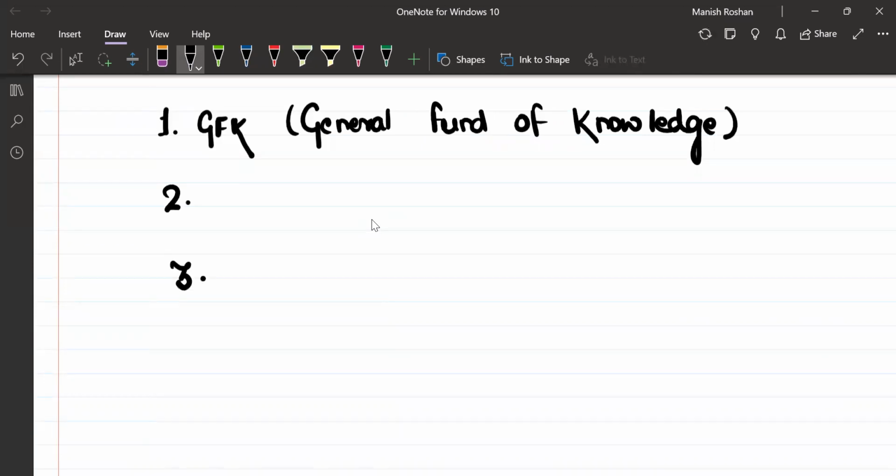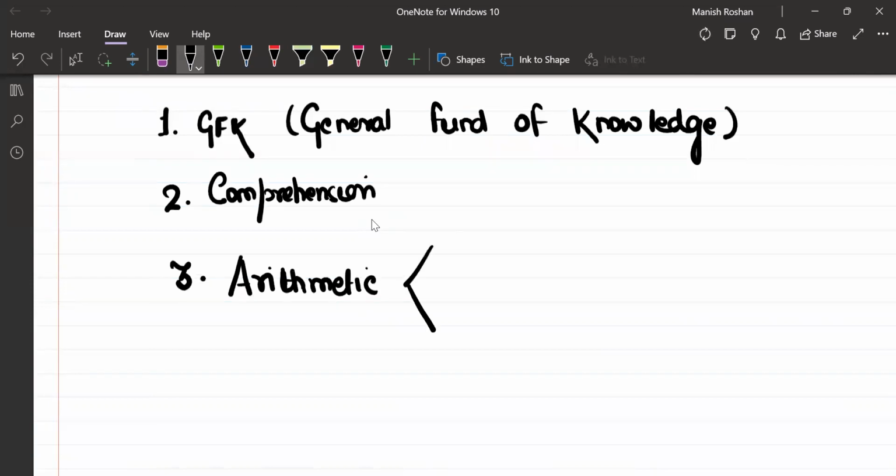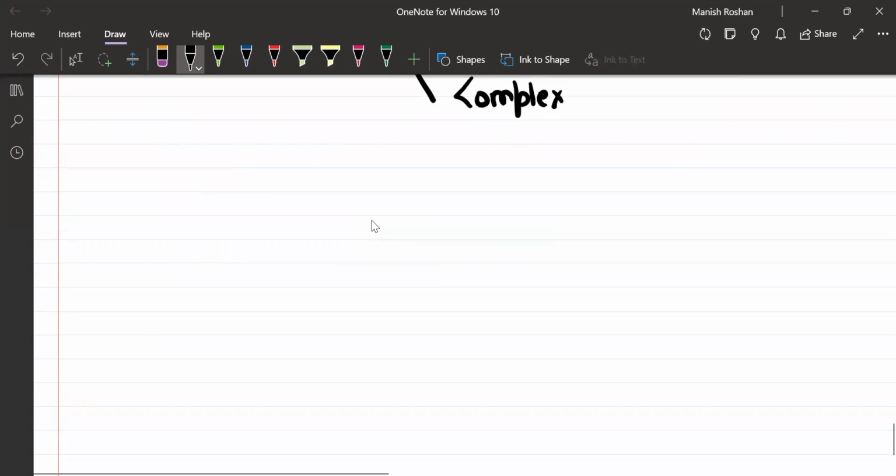The second is the comprehension, and third is the arithmetic. Arithmetic, it includes both the simple and the complex. Fine. So let's look into the general fund of knowledge. The first is the general fund of knowledge.